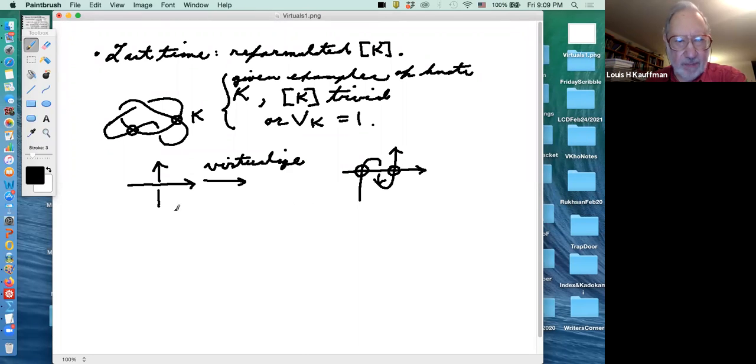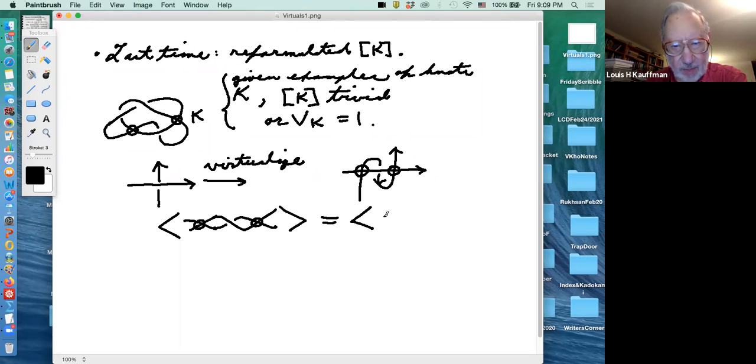And we showed that the bracket polynomial of a situation of that kind is equal to the bracket polynomial of smoothing away the virtual crossings. But that this had the effect of being the same as taking the original knot and switching the crossing.